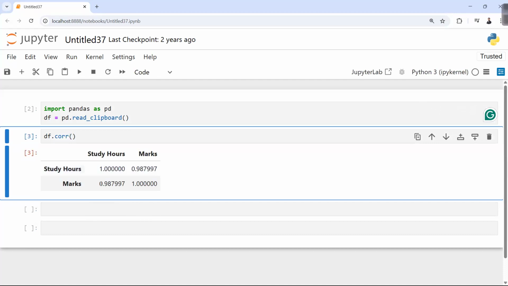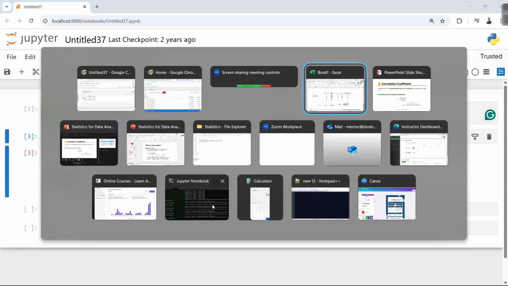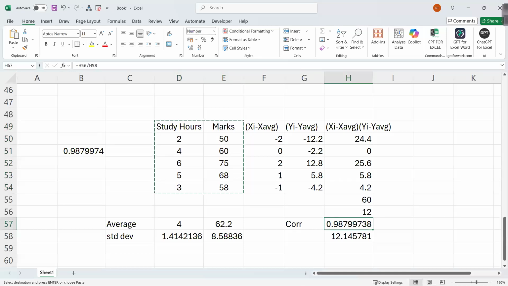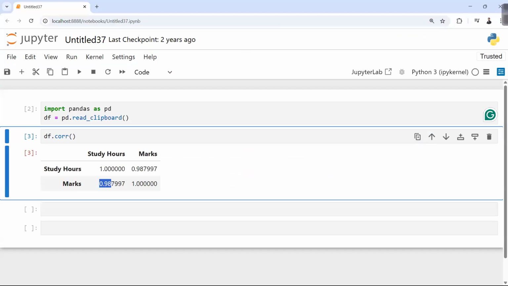See this: 0.987997. Exactly the same number you are getting here. Correlation function. So the correlation between the marks and the study hours is 0.987997.